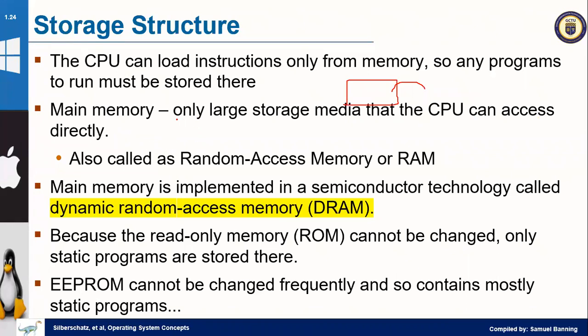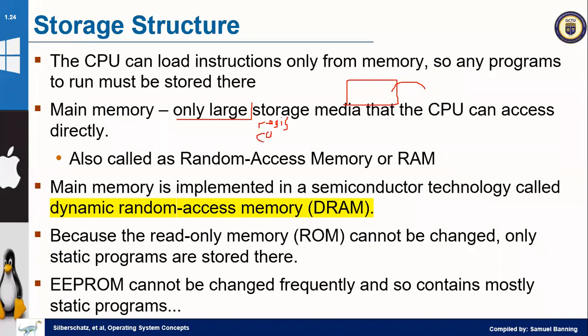The only large one, that is to tell you that there are other storage media in the computing system that the CPU can access. Some of these, we have the registers. It is also a storage media that the CPU can access. We will see that very soon. We also have the cache.